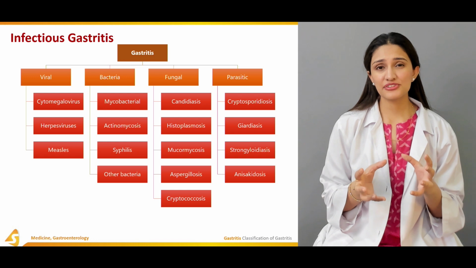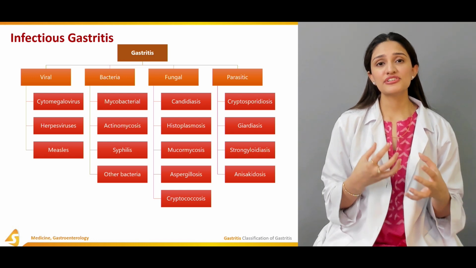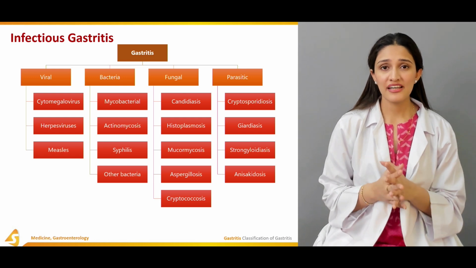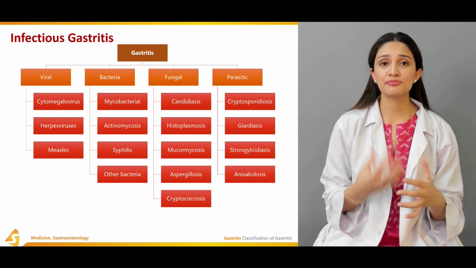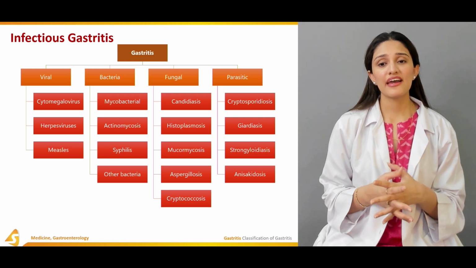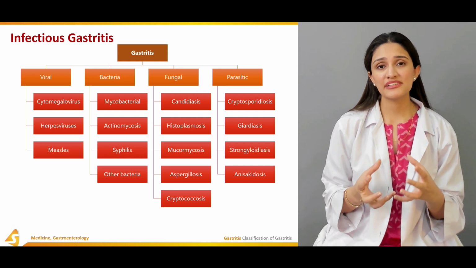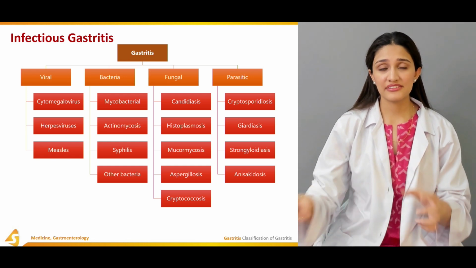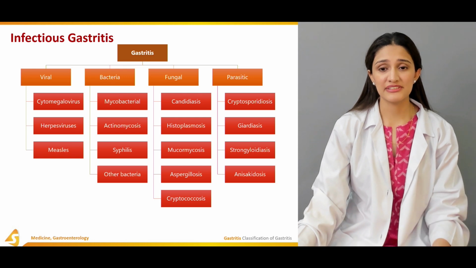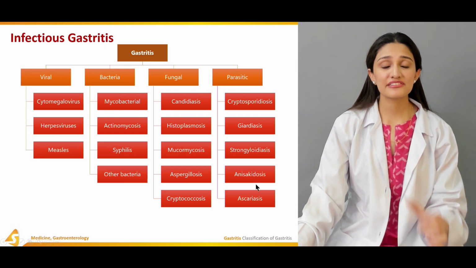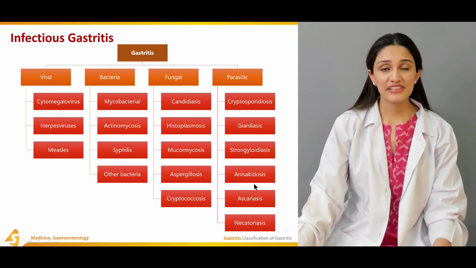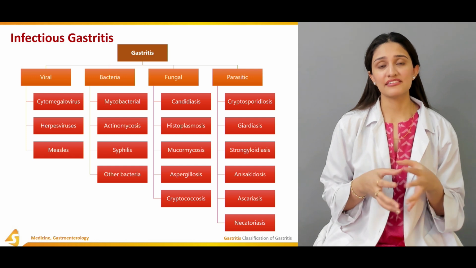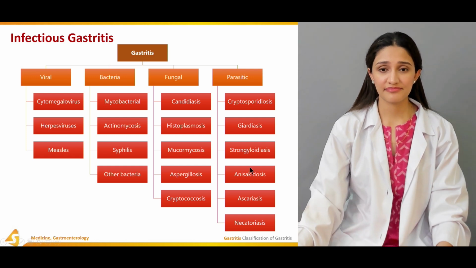This infection is usually occurring after the ingestion of raw marine fish, which is usually ingested in Japan. These patients usually present with upper gastrointestinal bleeding, and the gross appearance is of these pseudohyphae that are present within the gastric epithelium. Other than that, ascariasis and necatoriasis are also very famous forms of parasitic infection within gastritis.